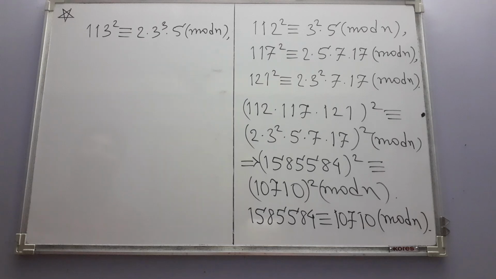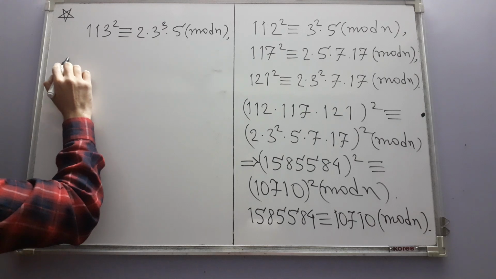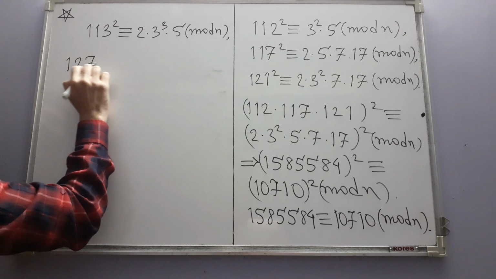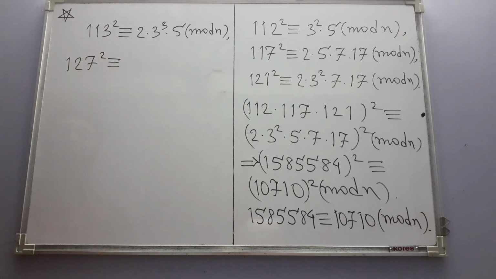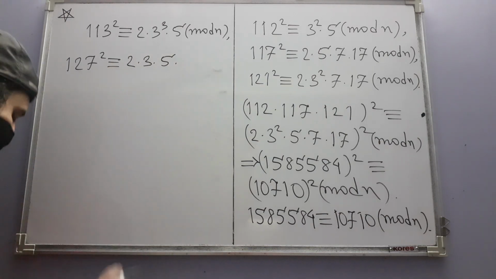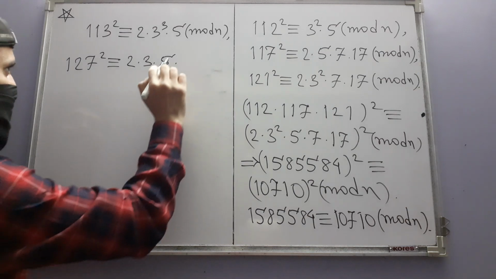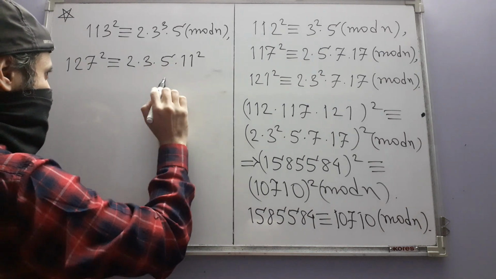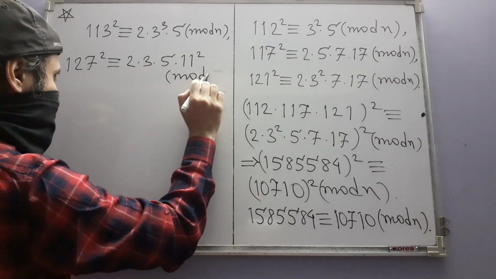Okay, so this is another congruence like that. And there is another one, 127 square is congruent to 2 times 3 times 5 times 11 square mod n.